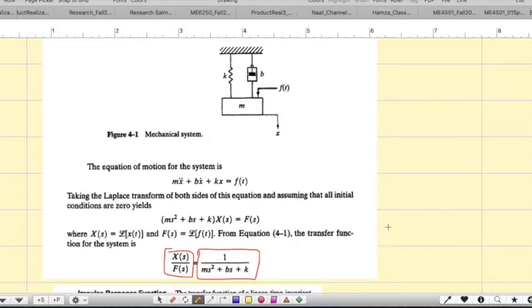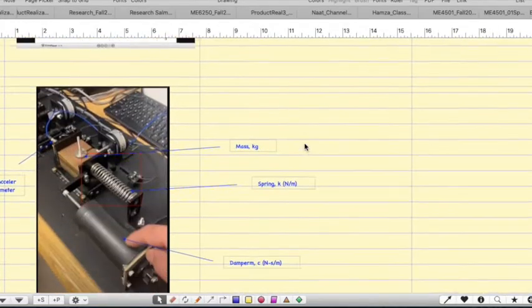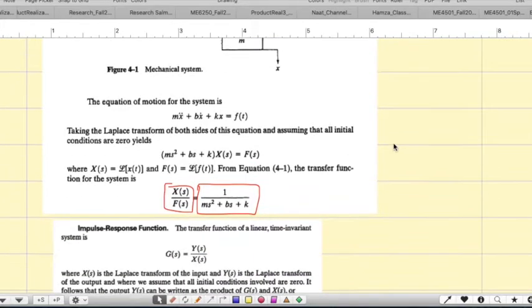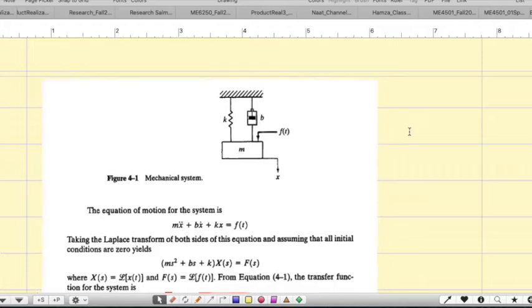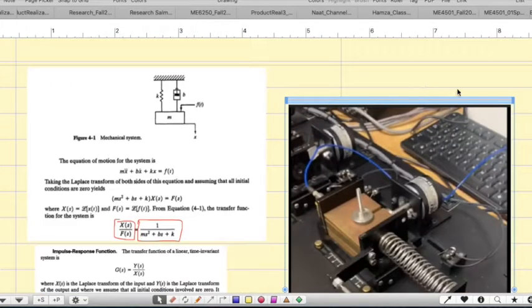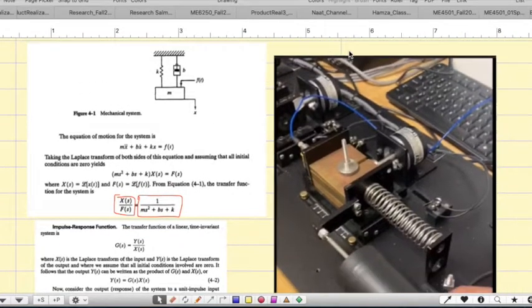And in our case, if you go back to our lab 2 part B, we had some mass dampers. So let me copy and paste here in our lab 6. So if you take a look, this is a mass spring damper system.